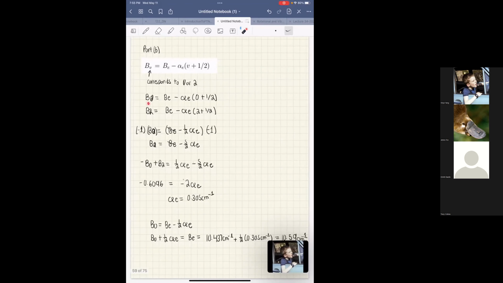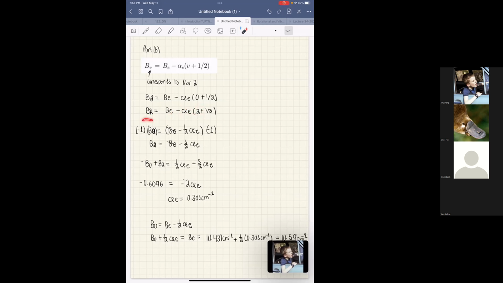So for B of 0, you can use this equation here. Since V is equal to 0, we can plug in 0 here for the V. Then we can find what alpha E is, but we have a linear set of equations here. We have another equation here for B of 2, where we'll have B E minus alpha E, and we'll plug in the 2 here because this is B of 2.